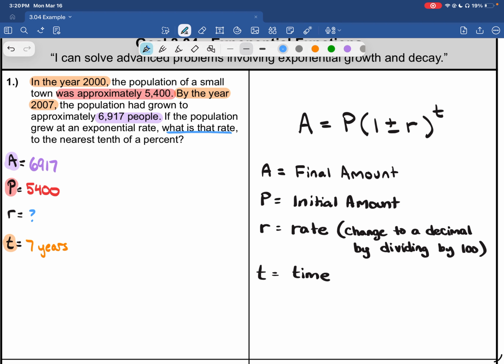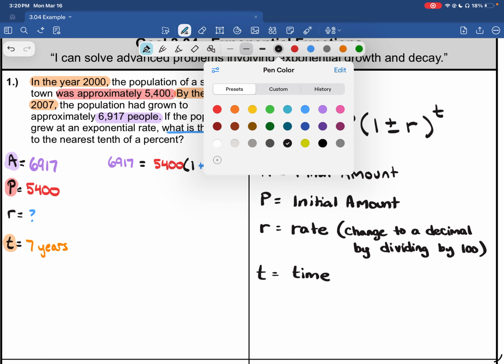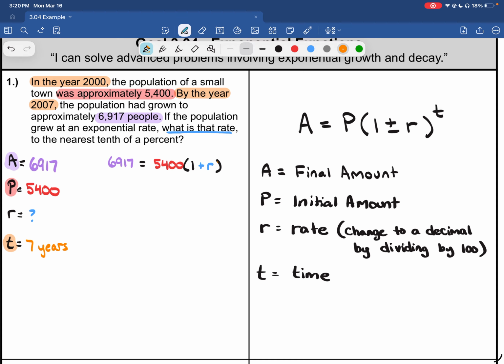So I can go ahead and set up this equation. 6,917 equals 5,400 times 1 plus R, I don't know what R is, to the 7th power.